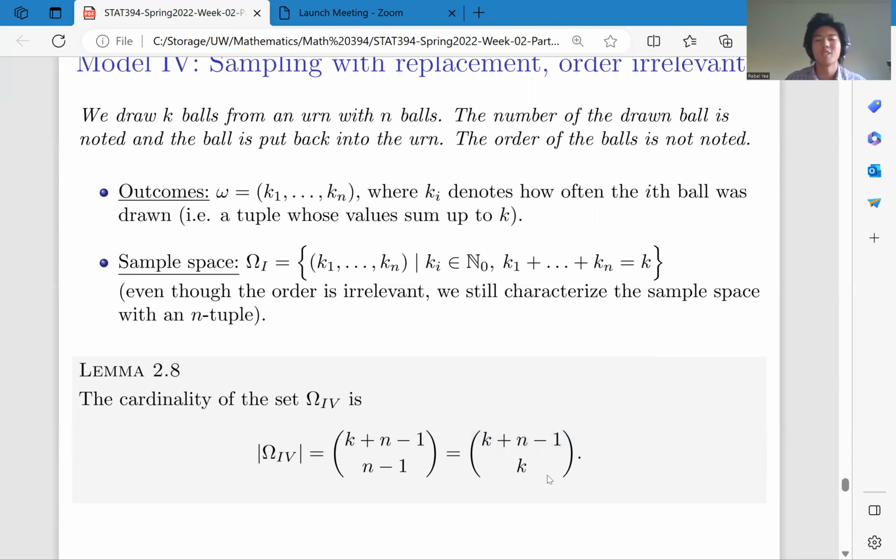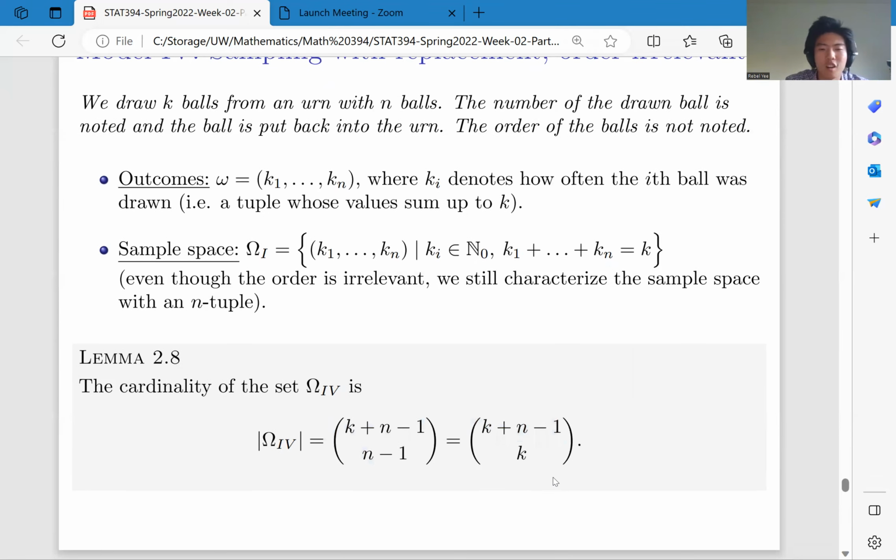For the denominator, in the first term it is n minus 1 factorial times k plus n minus 1 minus n plus 1 factorial, which is just k factorial. In the second, it is k factorial times k plus n minus 1 minus k factorial, which is n minus 1 factorial. So these two denominators are always k factorial times n minus 1 factorial. That is exactly the same.